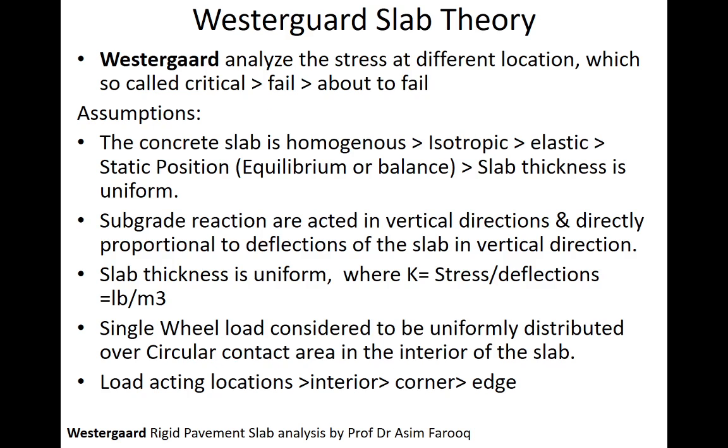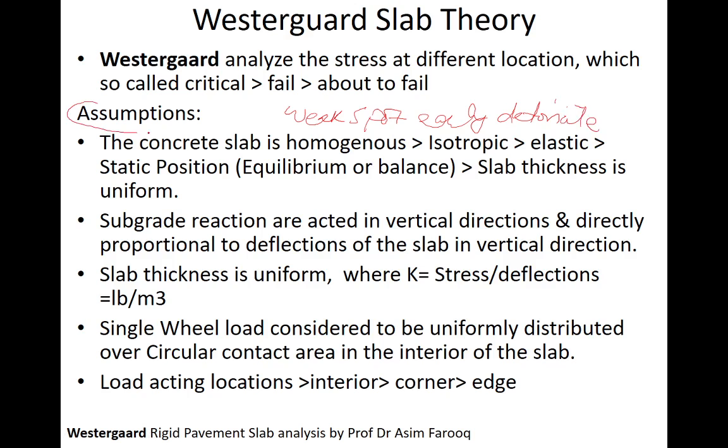So Westergaard came up with assumptions, which is why it's called the Westergaard slab theory. Westergaard proposed expressions for these stresses for various critical positions of the wheel load on the concrete slab. He presented his theory while assuming a few factors.